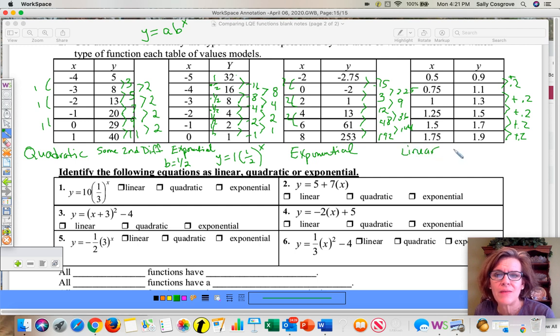And what would that be? Well, it is the change in y, remember, over the change in x. My change in y each time is 2/10. My change in x each time is 0.25. So that's actually 4/5. Let's don't leave the decimals in the fraction.